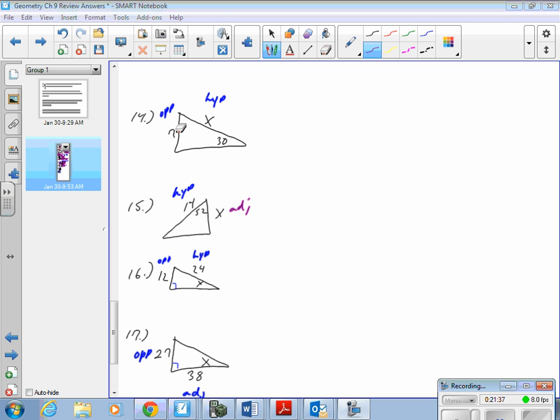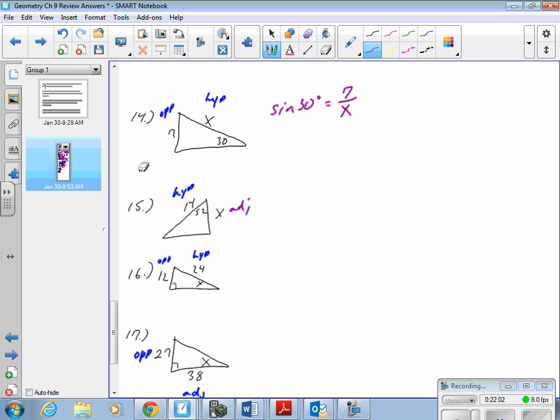So opposite and hypotenuse should start coming clear as sine to you. And so what we know is the sine of 30 degrees should be equal to the opposite side, which is 7, over the hypotenuse, which is x.